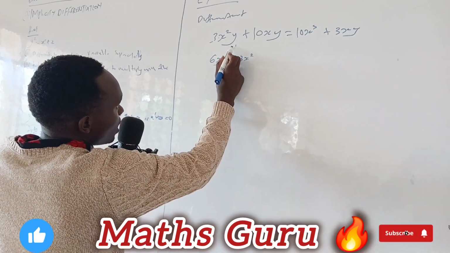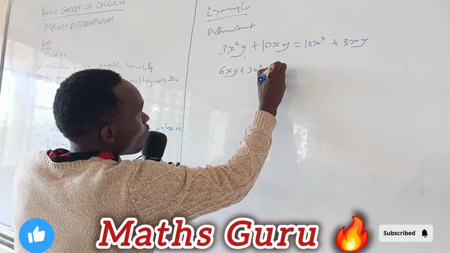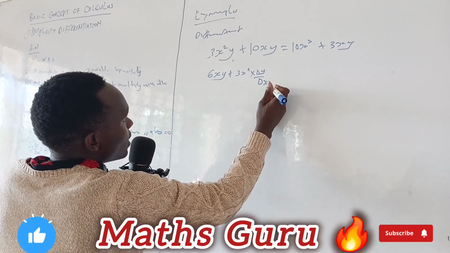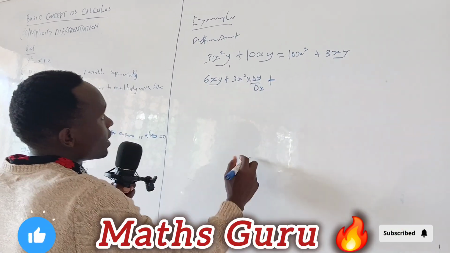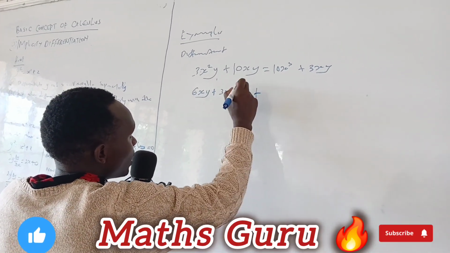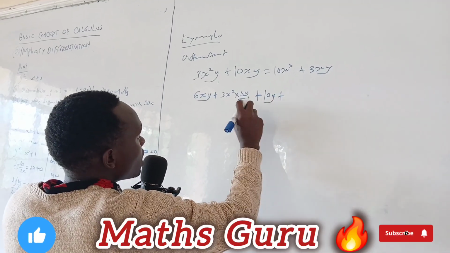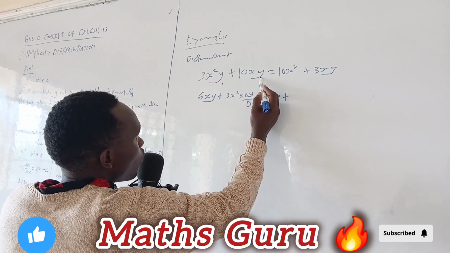Remember, when I'm differentiating y, I remember to multiply by the change in y over the change in x. Now plus, I'm differentiating x. When I'm differentiating x, I get 10. So it will be 10y. Now plus, when I'm differentiating y, I get 1.